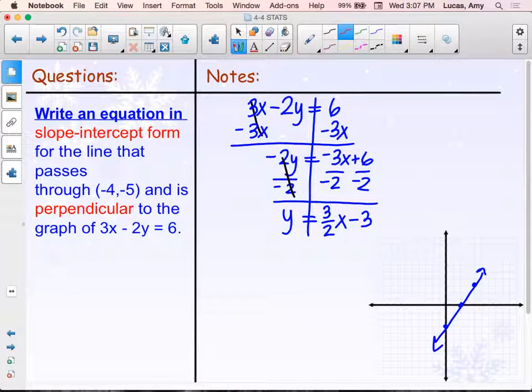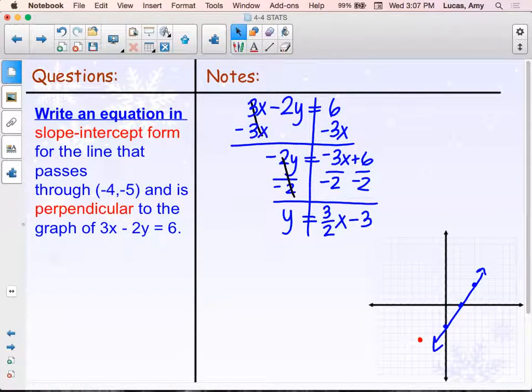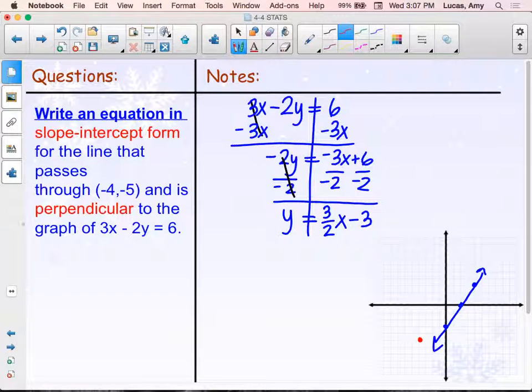The new point is negative 4, negative 5. So down here. So my slope has to flip and change. So take that slope, flip it over, change the sign.